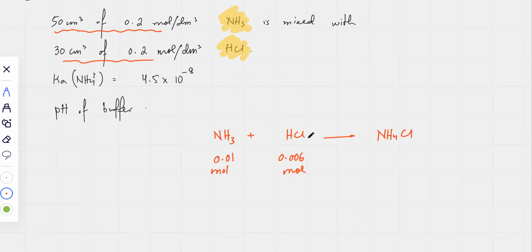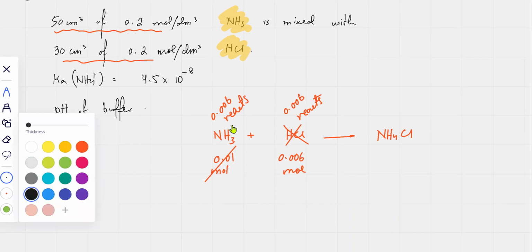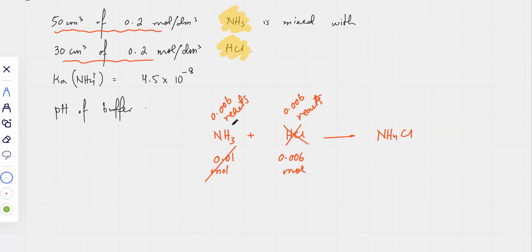NH3. Okay, so 0.006 would react, right? So all the HCl is gone, and 0.006 would react with 0.006 of this, 1:1. So what's left? Out of the 0.01, 0.006 would react, so only 0.004 moles would be left at the end of the reaction.